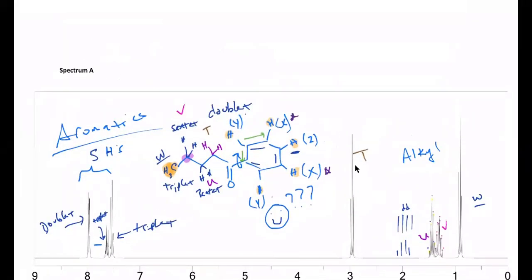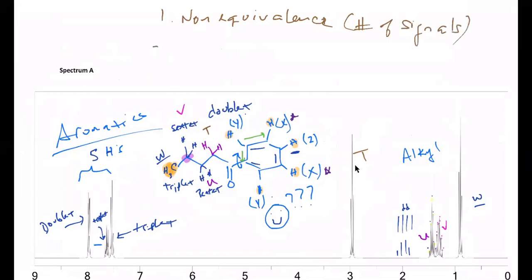And remember, from the NMR, what we take away from this is 4 things. Number 1 is what? Non-equivalence. That's going to be reflected in the number of signals. What else do we take away? Connectivity.